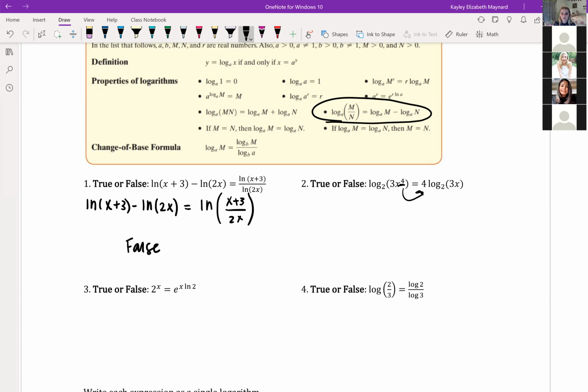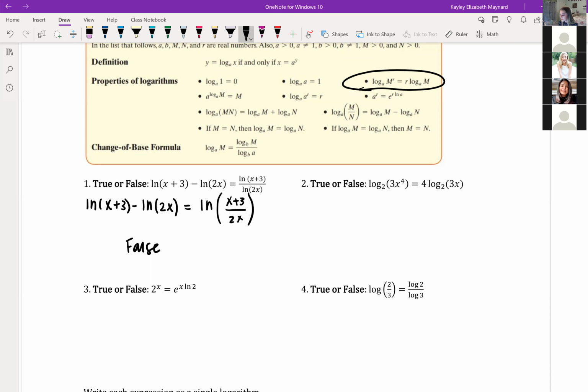Like, was that okay to do? So let's go up and use our properties here. Which one is it? Oh, this one right here that I just circled, where you've got log base a of m to the r is equal to r times log base a of m.